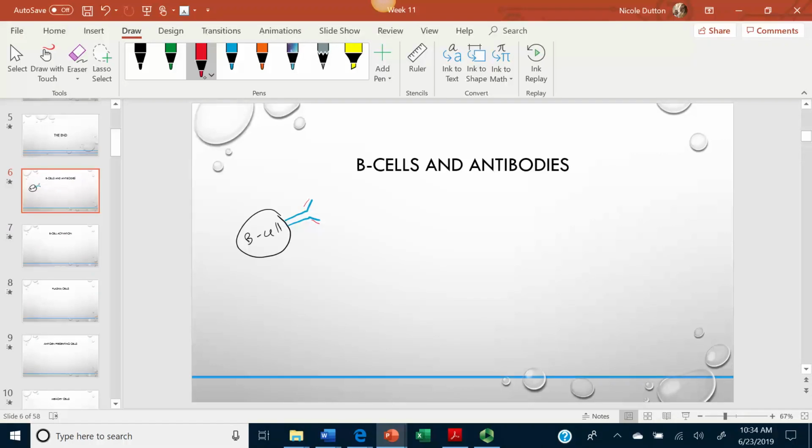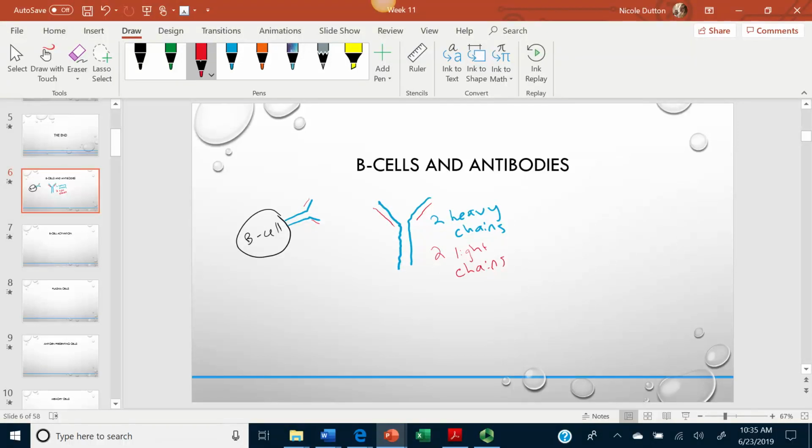And this antibody has a particular structure, and you need to know about antibody structure. So if we look at it, an antibody has two heavy chains, two light chains, and then the top part is known as the variable region.